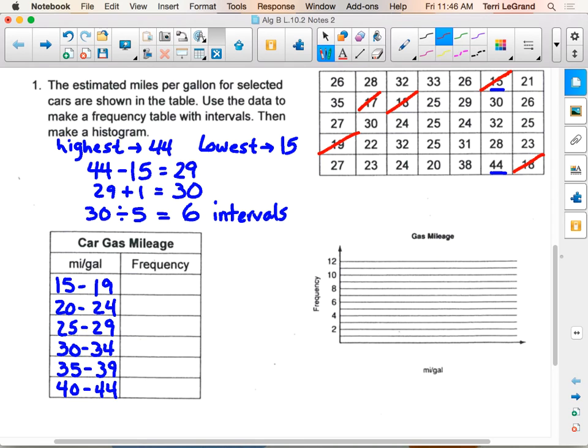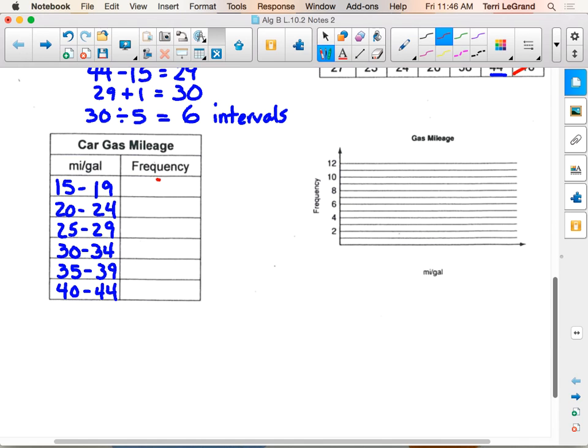I get 5, how many do you get? 5. Yeah, okay. So we'll put a 5 as our frequency for that interval.